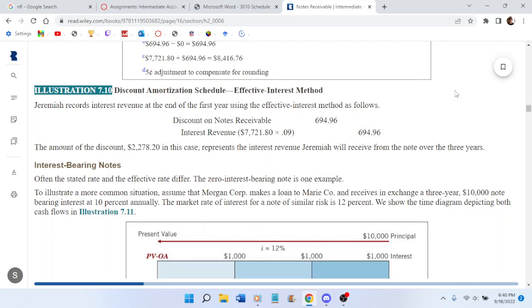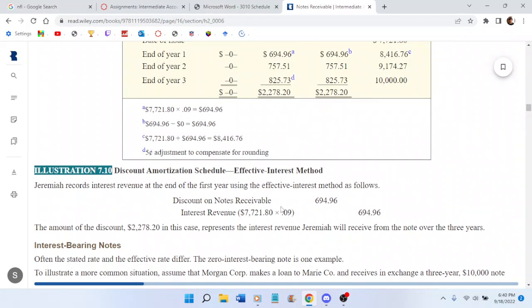Where's interest revenue? Discount on notes receivable. Interest revenue.